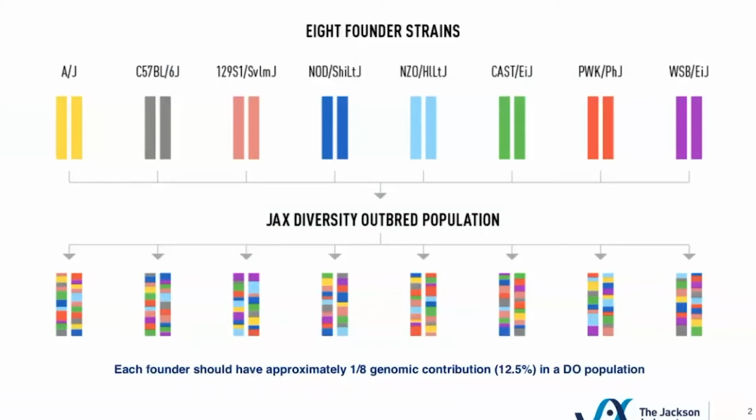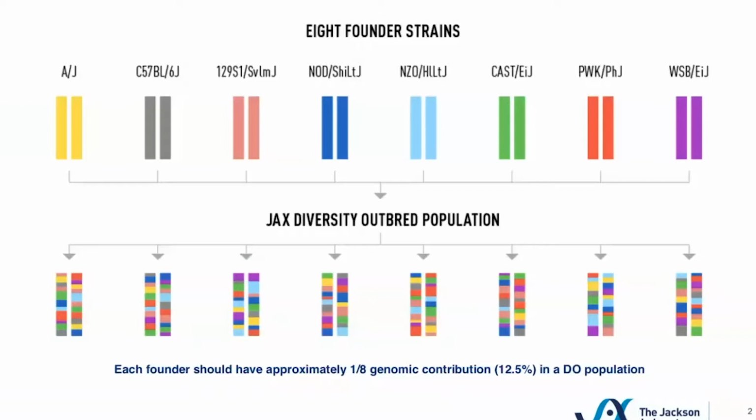First, this mixing was done through the creation of the collaborative cross lines. If you've never heard of them, it's something very easy to Google. It's basically a series of recombinant inbred lines that have each one of these 8 founder strains within them, mixed up in different patterns.